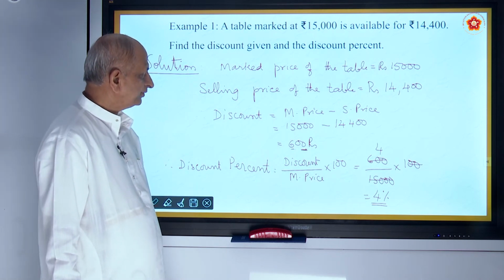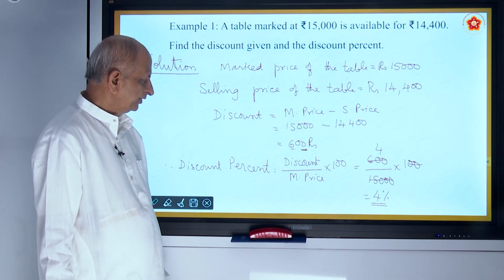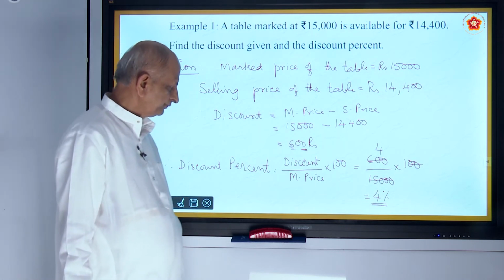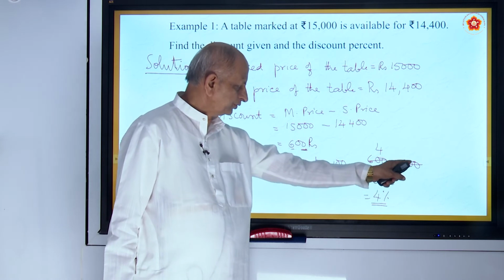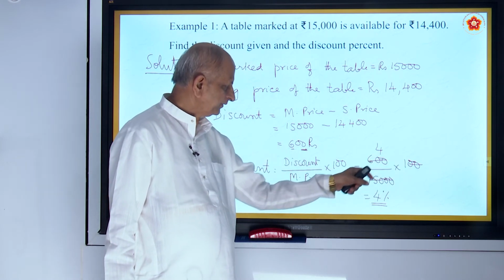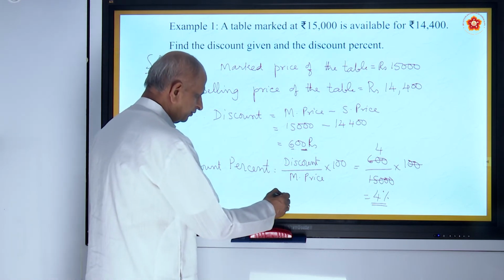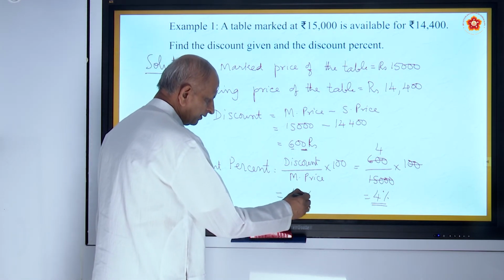So 600 rupees is the discount given, and that is 4%. So discount percent is 4%, that is the answer.